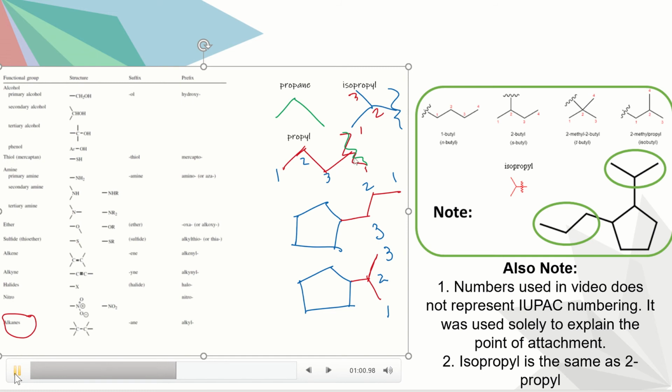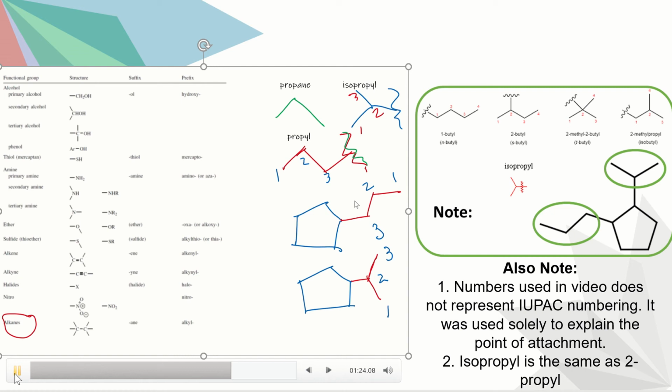As we can see here, the point of attachment for propyl is at carbon 3 here. So this carbon is attached to something. And here for the isopropyl, it's the middle carbon that is attached to something.